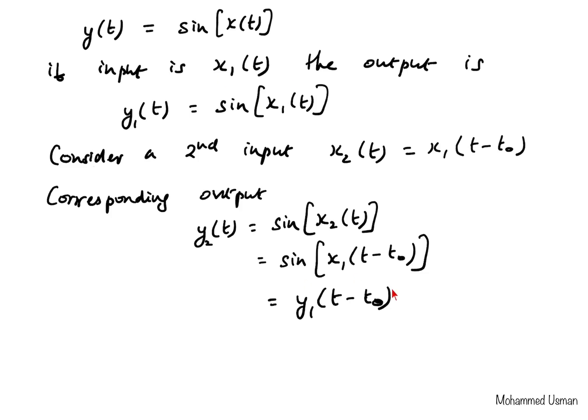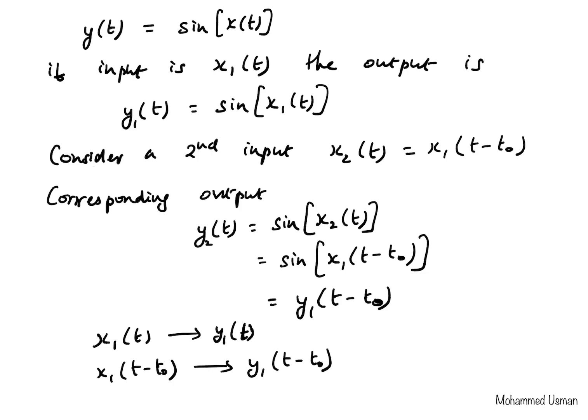A shift in the input produces a corresponding shift in the output as well. So this system is a time-invariant system. In other words, when the input is x1 of t, we got the output y1 of t. Now when the input is x1 of t minus t naught, the output is y1 of t minus t naught. Any shift in the input produces a corresponding shift in the original output as well. Therefore this system is time invariant.